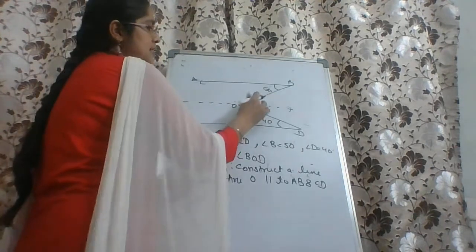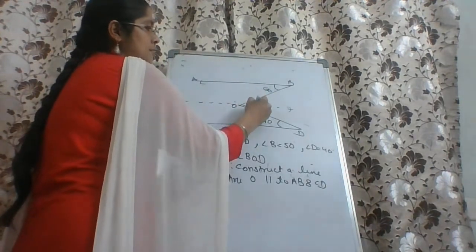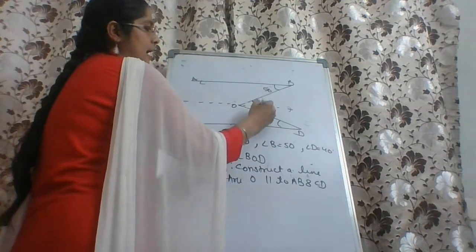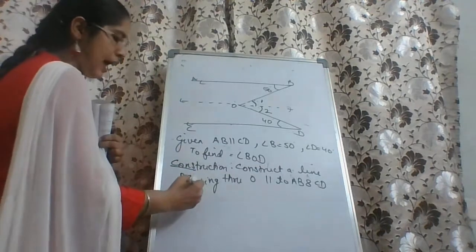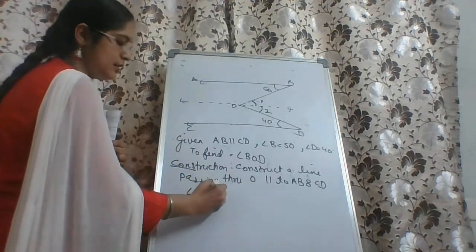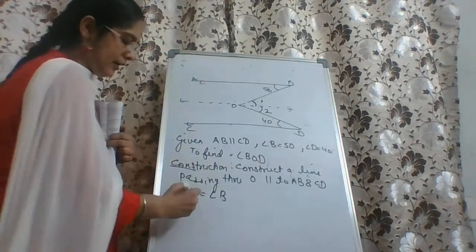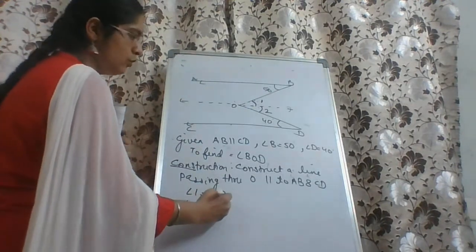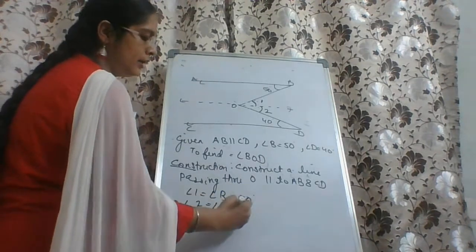Now name this as angle 1 and this is angle 2. Angle 1 is equal to angle B, alternate interior angle. Angle 2 is equal to angle D, alternate interior angle.